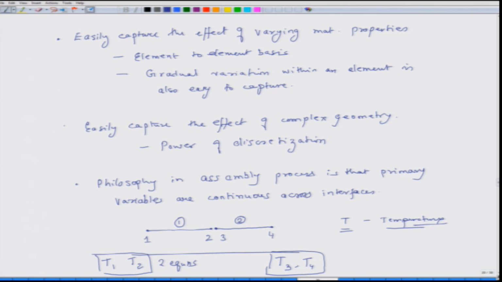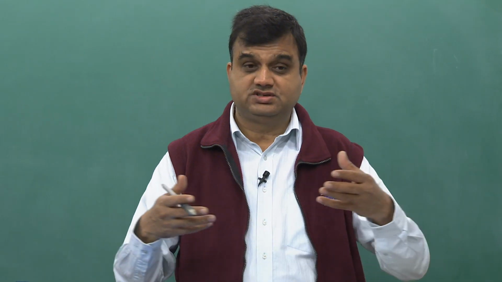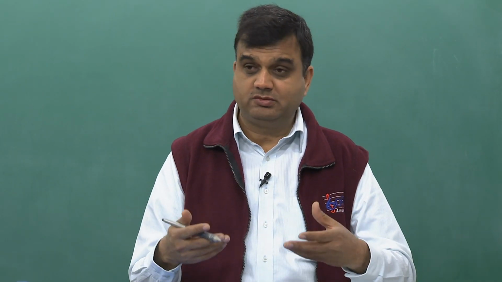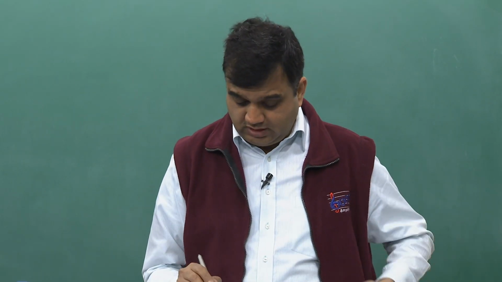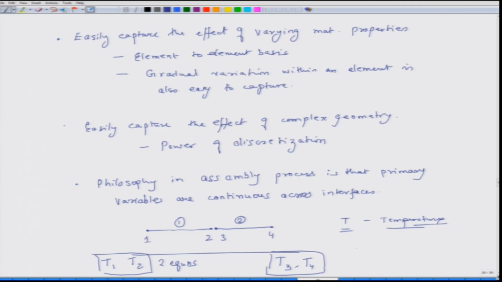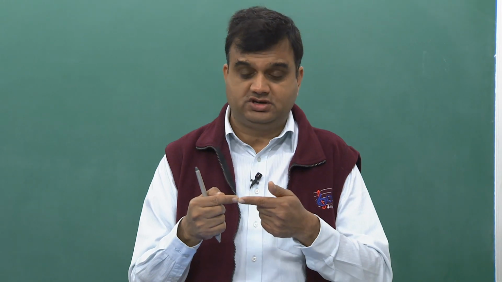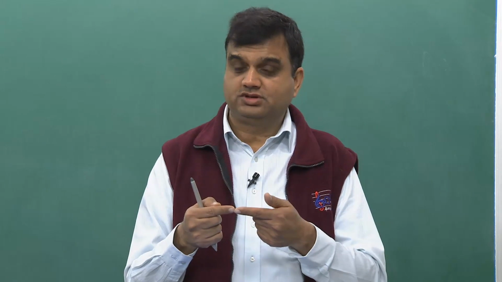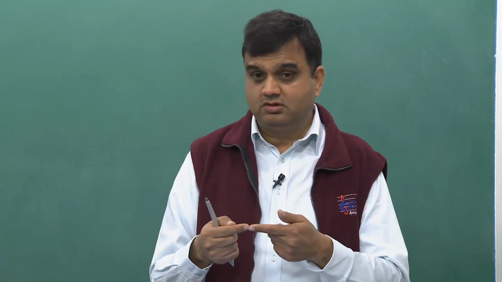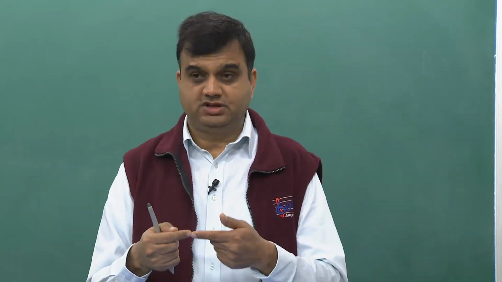Now, in the assembly process, what we do when we join these equations, and exact mathematics will be discussed later, is ensure that because nodes 2 and 3 are the same, in reality, just for purposes of explaining I have said that there is a small gap, but because nodes 2 and 3 are physically at the same location, there is no reason to think that the temperature T2 will be different than temperature T3.